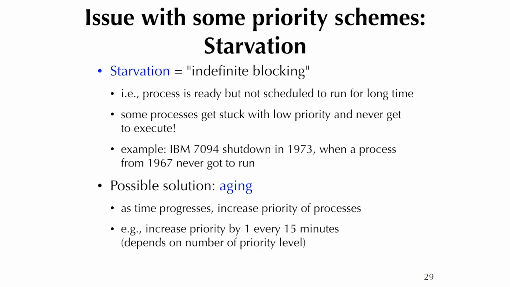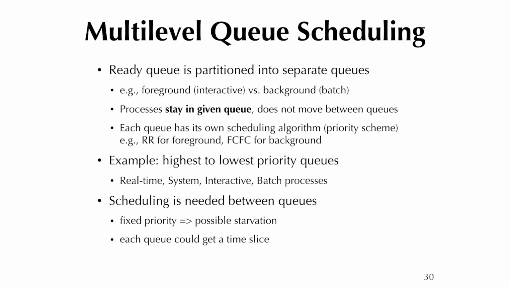And the solution is aging. You want to go back and readjust the priority of the processes based on how long they've been in the ready queue, and then promote them. So one way is to increase the priority level by 1 every 15 minutes, but you could do even shorter than that.